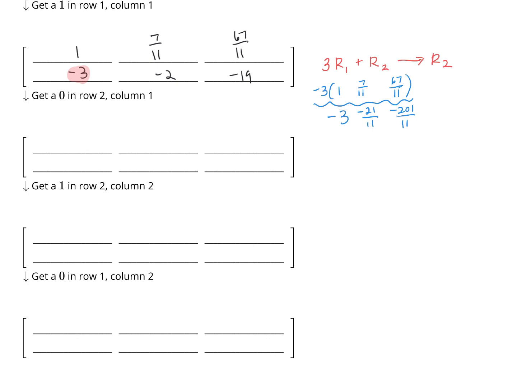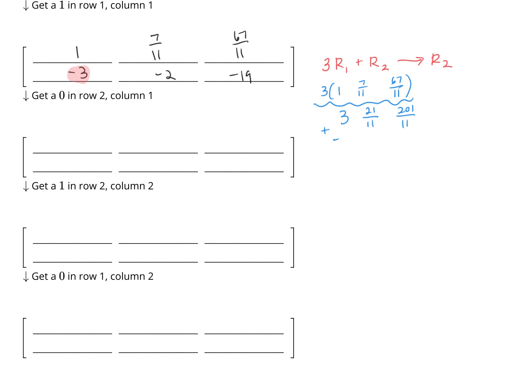Okay, so that is row 1 once we multiply by 3, and then we need to add that to row 2. Oh, whoops, did I multiply by the wrong thing? I multiplied by negative 3, even though in red I said I should multiply by a positive 3. So let's go back. I should not multiply by negative. I said in red I should be multiplying by positive, so I'm going to fix that. So all my signs should be positive.